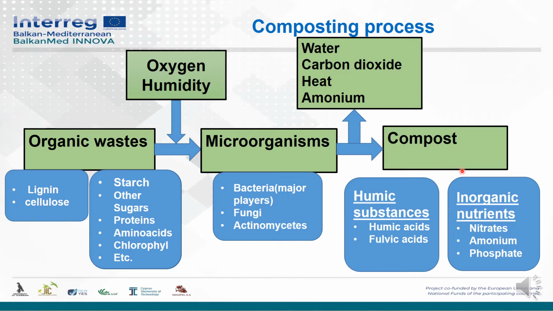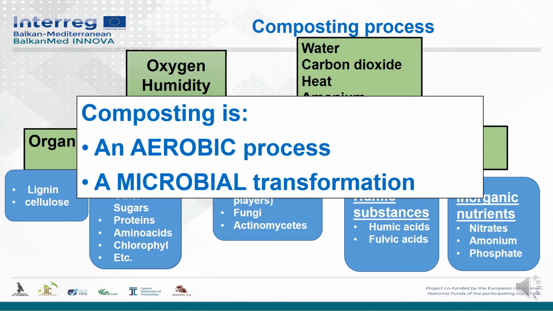As you see in this image, the final output of the composting process is the compost, and it has to be mature compost. The mature compost has humic substances and inorganic nutrients like nitrates, ammonium, and phosphates. Humic substances are grouped in two main groups: humic acids and fulvic acids.